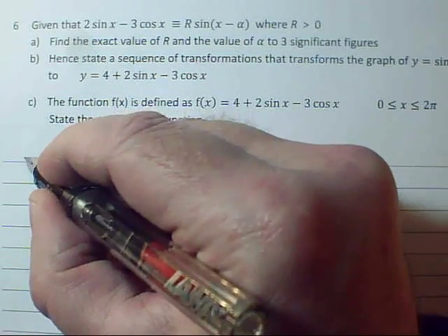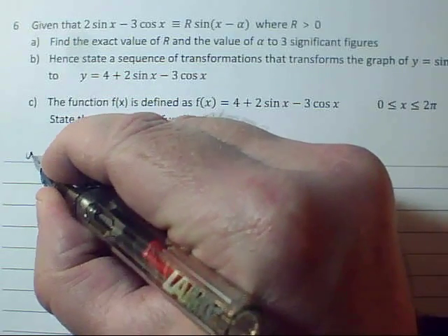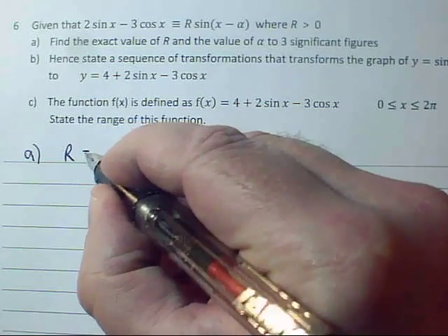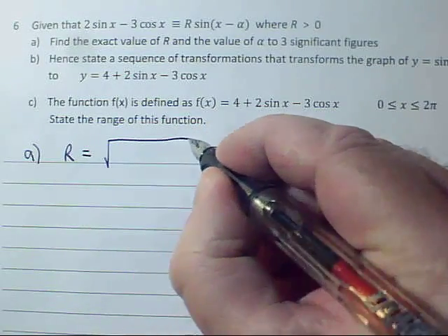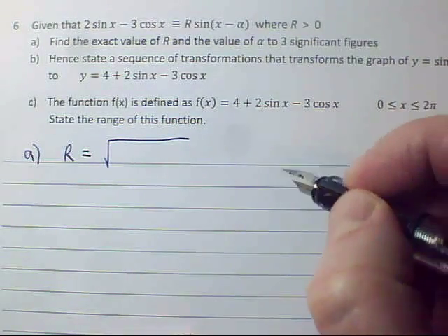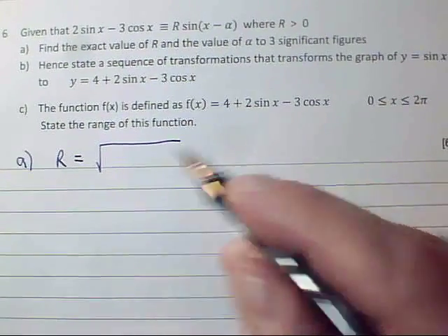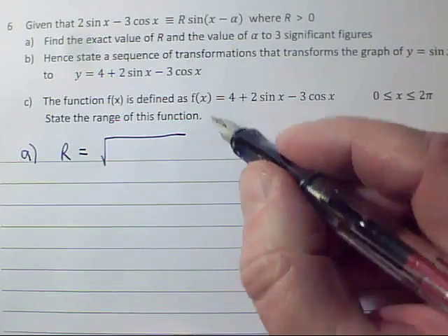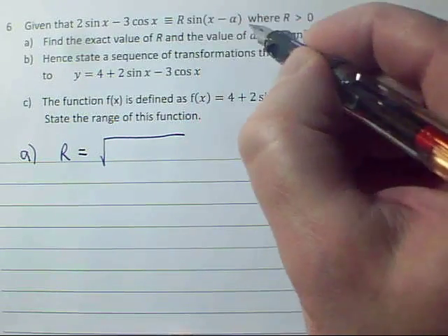Right, for part A, everyone gets R right. You can actually skip straight to the chase. R is always a square root of something squared plus something squared, so no one ever gets that wrong. To get your alpha right, you have to really do it properly. So you have to expand out using the addition formula.